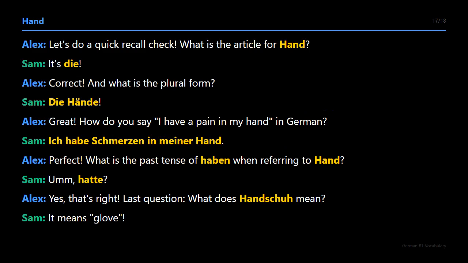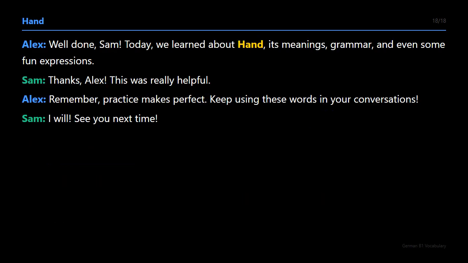Perfect. What is the past tense of haben when referring to Hand? Hatte. Yes, that's right. Last question, what does Handschuh mean? It means glove. Well done, Sam.